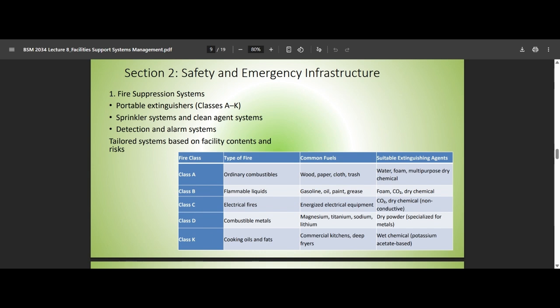Class B is flammable liquids such as gasoline, oil, paint, grease. Class C, electrical fires, energized electrical equipment. Class D, combustible metals like lithium, titanium. Now, class K is about cooking oils and fats, commercial kitchens, deep fryers, and all those things.